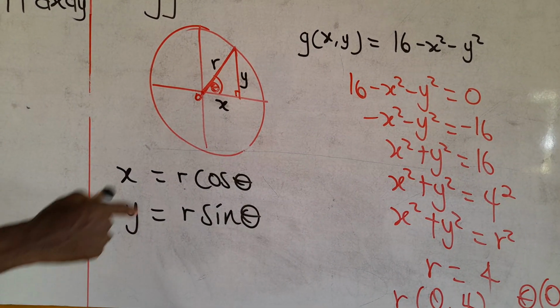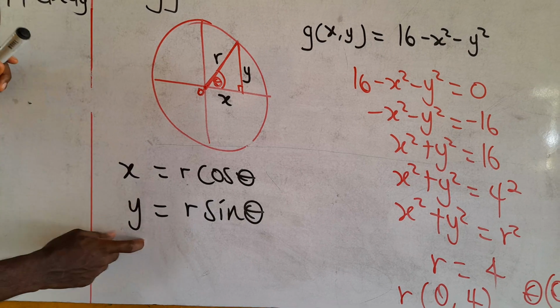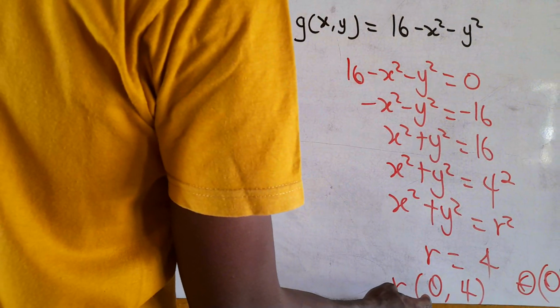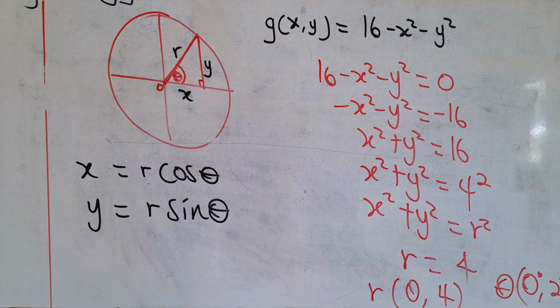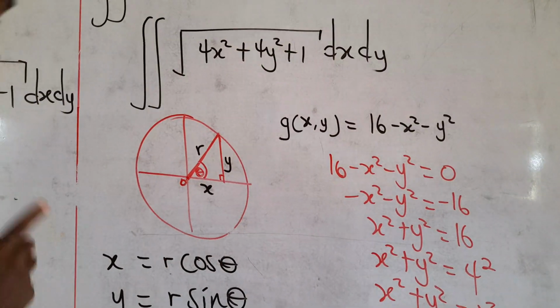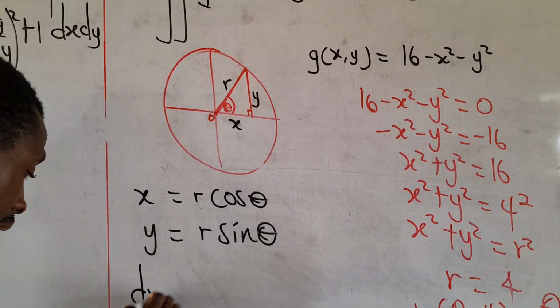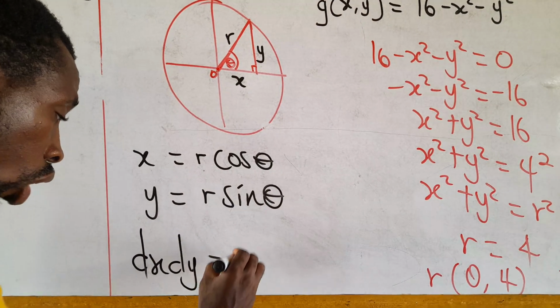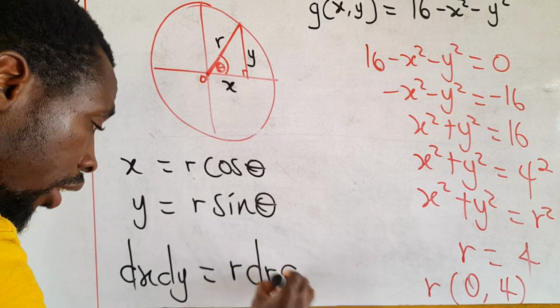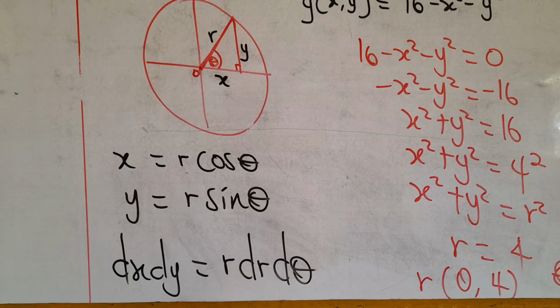And since we know x and y, and we know the limiting point of r and theta, we also know that our dx dy is equal to r dr d theta, if you recollect very well.